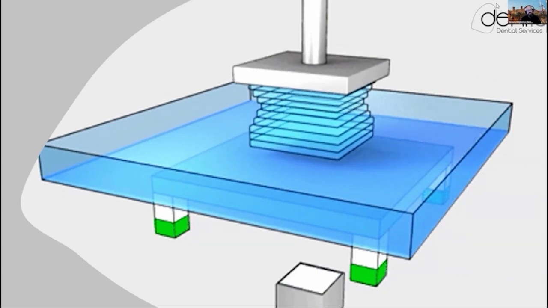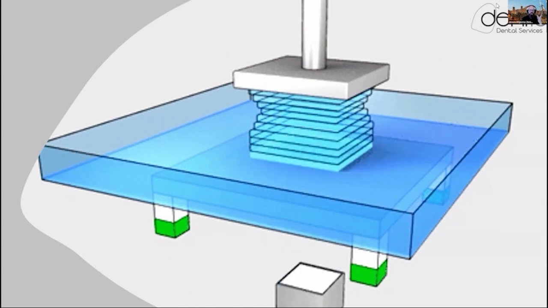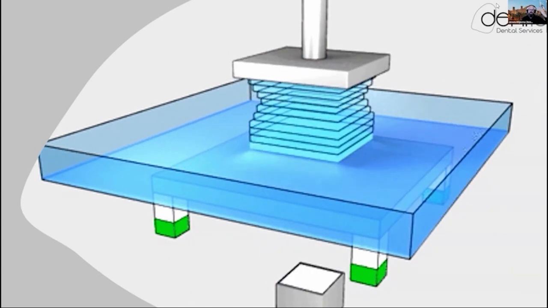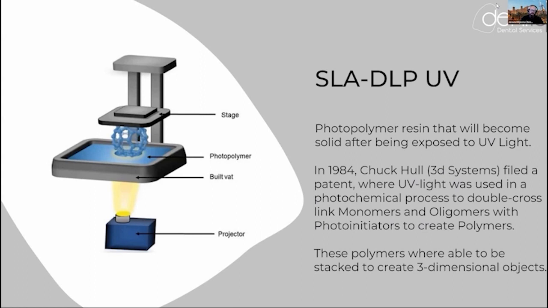Goes back down again, creates another layer of resin underneath, light cures, solidifies that part, and it does the same again. And all that time it's building up an object. So like I said, that is a resin, and that is a photopolymer, and that will react with UV light. This was invented in 1984 by Chuck Hall. He is the founder of 3D Systems, and they are still the biggest company in 3D printing.